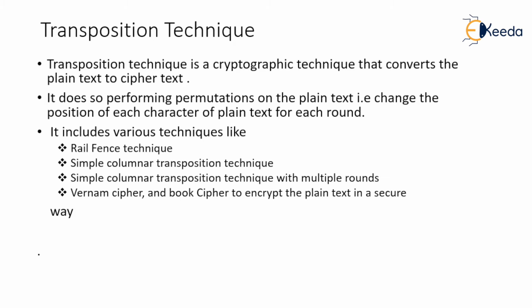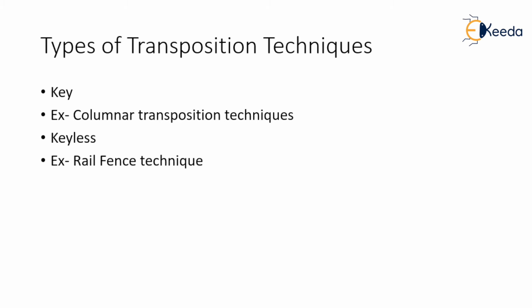The next types of transposition technique are the Vernam cipher and the book cipher. These are also techniques which help you to encrypt the plain text into the ciphertext in a secured way. Now, let's see the different types of transposition technique.